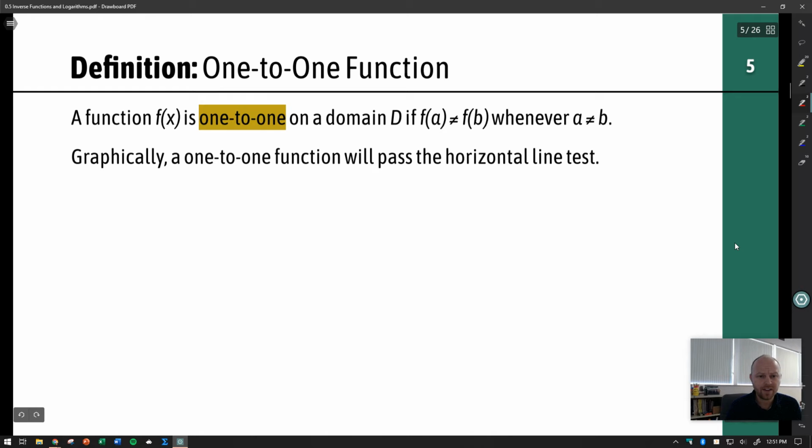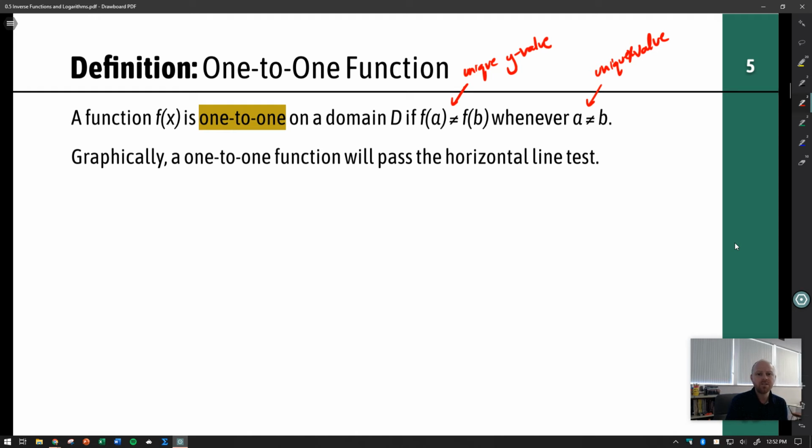A function f of x is one-to-one on a domain D if for every y value that is different from another y value, so what we're saying here, for every unique y value, there is a unique x value. This is more just a formal way of notating that. So for every unique y value, there's a unique, I should have said x value there.